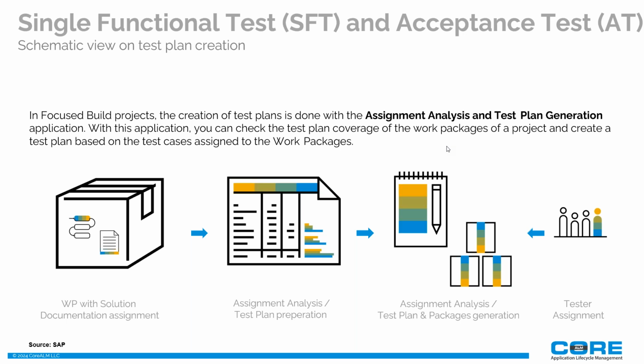And we look at these work packages in assignment analysis, and based on that, we create the test plan and the test packages. And after we create the test plan and test packages, automatically for each test case, we'll go to the next slide. Then we assign the testers who will be working on this particular test plan.